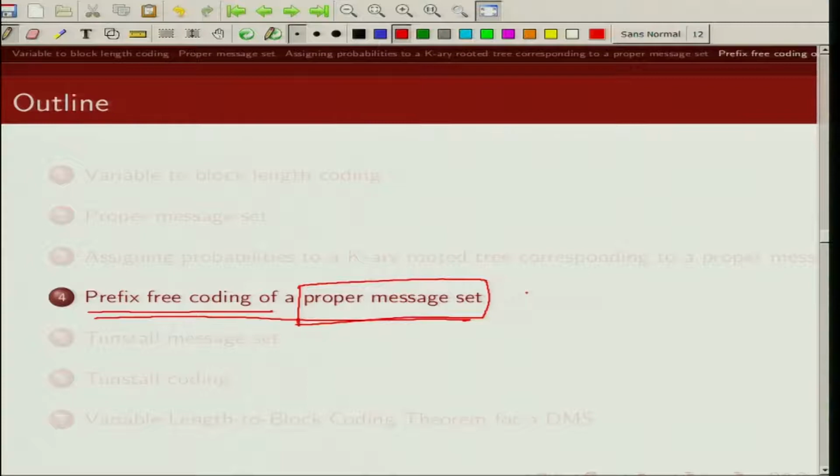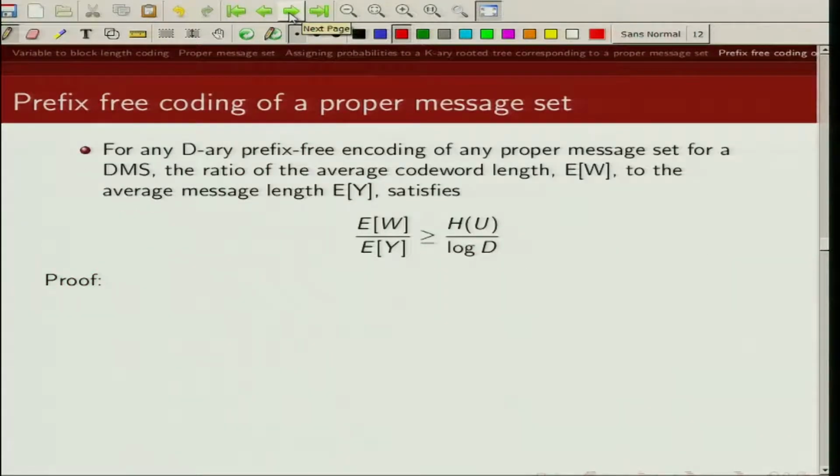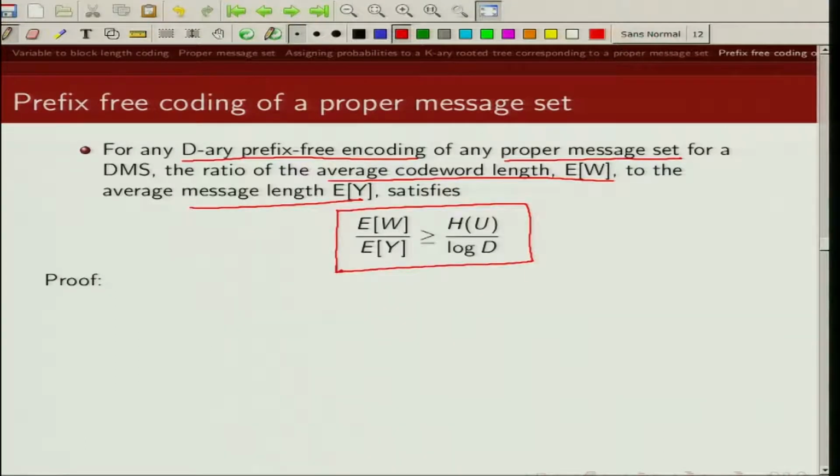Since we have studied prefix free coding, I am just taking the liberty to take a small detour. We can show that if we do a prefix free coding of a proper message set, then the ratio of average code word length to the average message length satisfies this relationship.